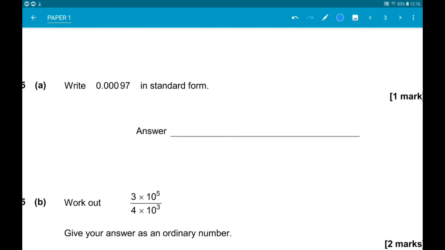5a. Write 0.00097 in standard form. Okay, so we're going to need 9.7 times 10. Now because the number is less than 1, it's a negative power.